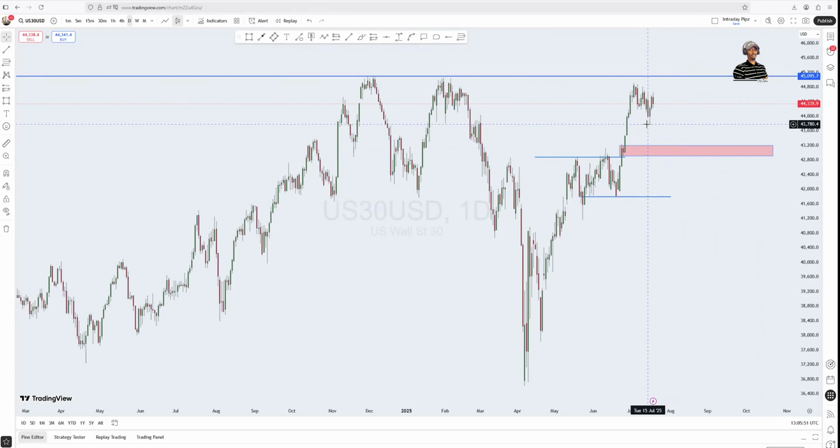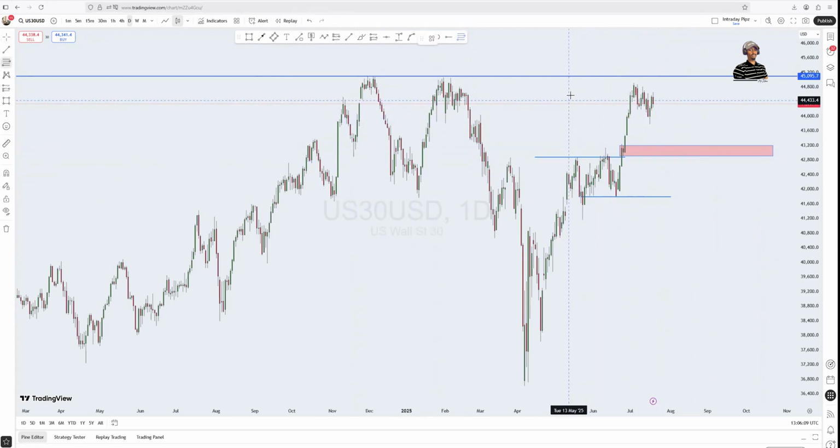There, of course, is a liquidity right here, so we are expecting that liquidity to be taken out on the daily time frame, head down to this demand, which is basically a retest of this break of structure, and probably price will push higher.